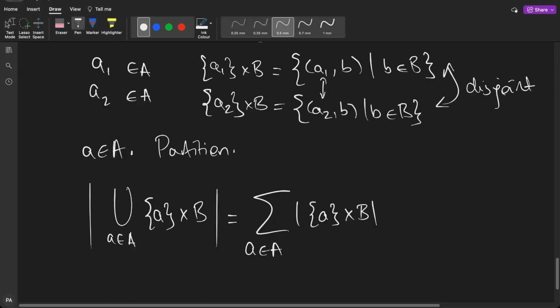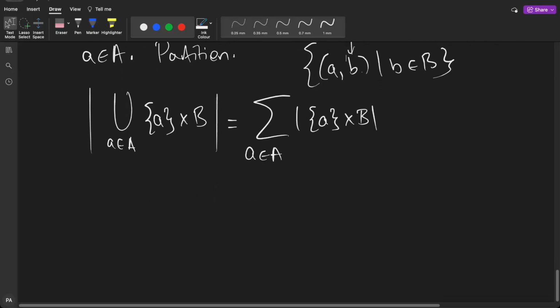Observe, however, that if we fix the first element of these tuples, then the only thing that's allowed to change is this b.